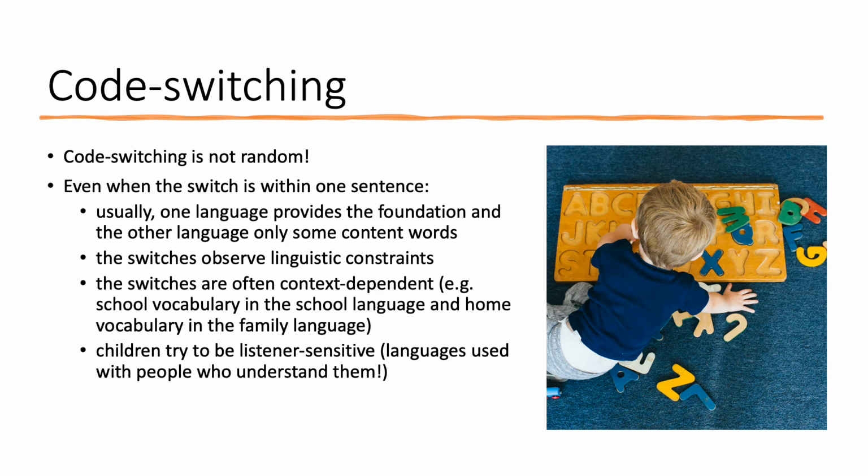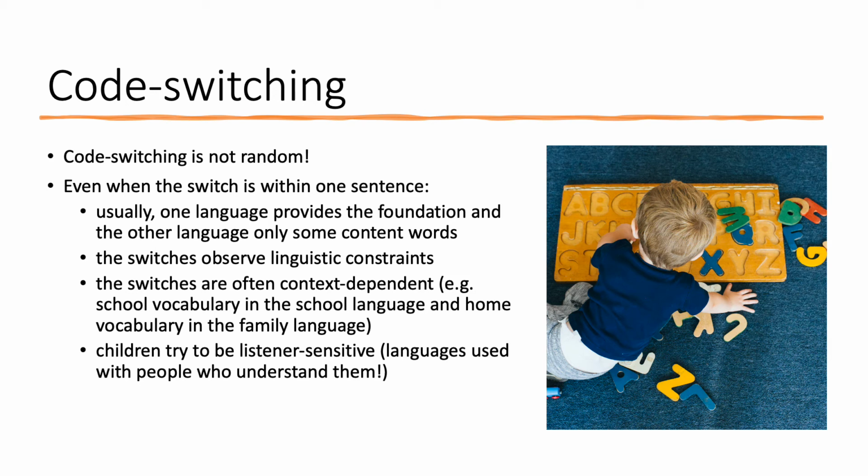So usually one language provides the foundation, the grammar, the sort of base of the sentence, and the other language only some of the content words. Or the switches occur across morpheme boundaries. So you might add an English plural to an Arabic word, for example. So the switches are structurally sound.